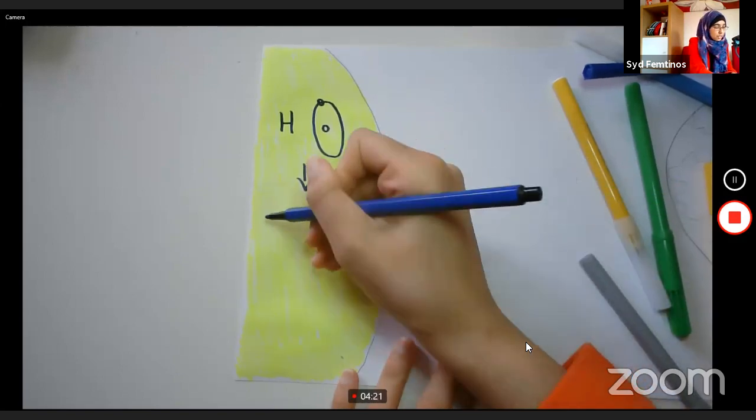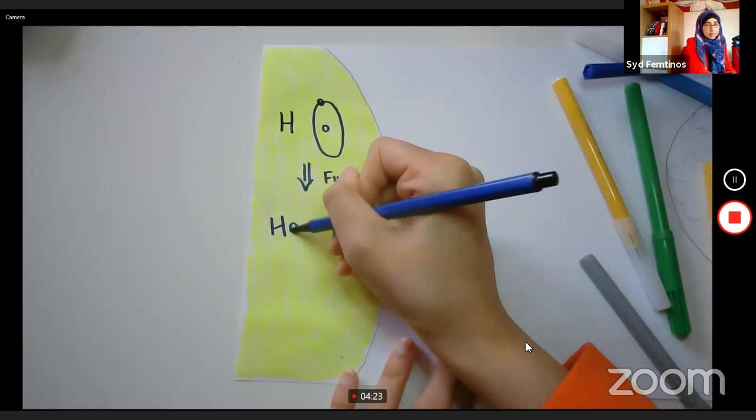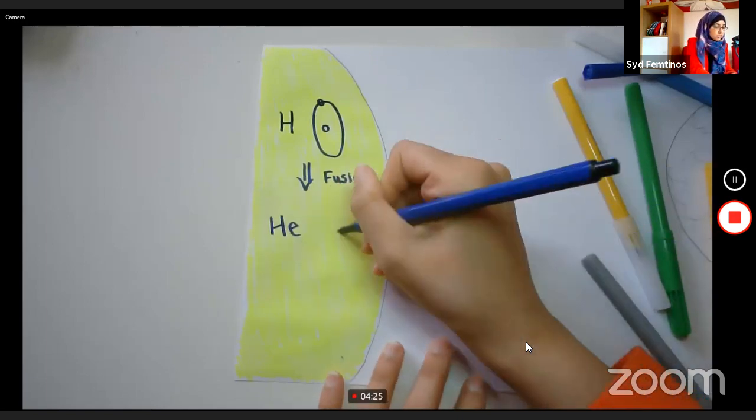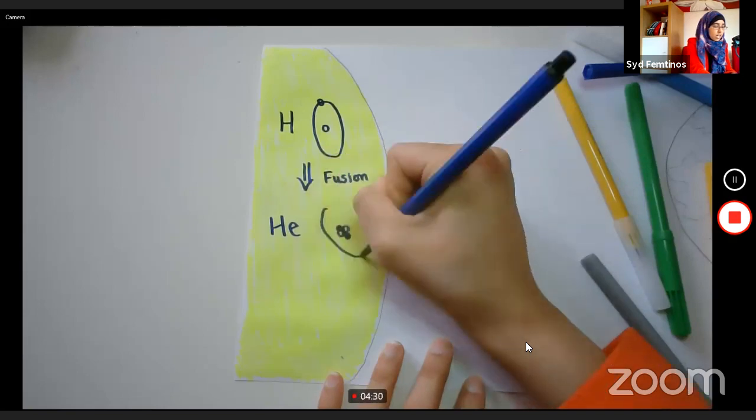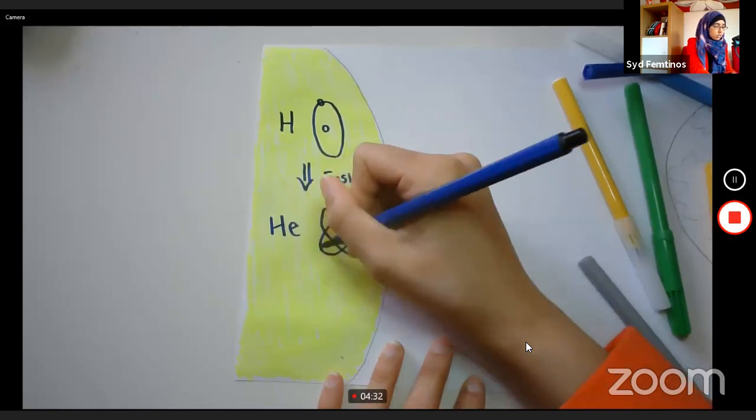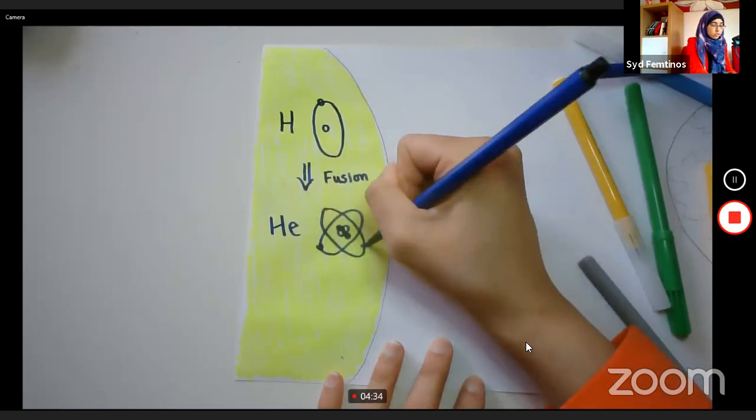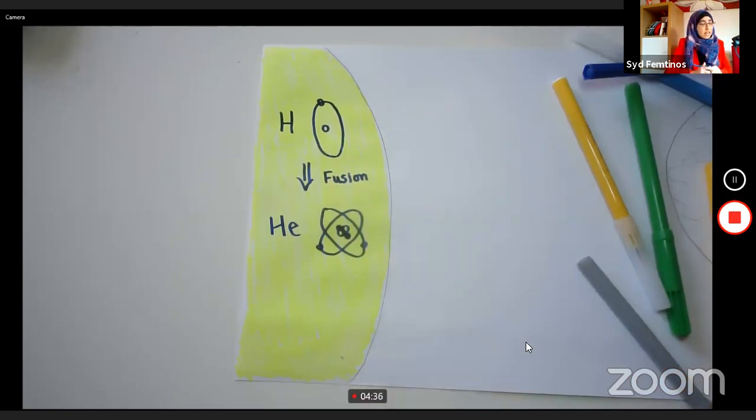And we are producing helium atoms. Now, helium has got 2 protons, 2 neutrons, and 2 electrons. Now, in that process, we're releasing lots of heat and light and electromagnetic spectrum.